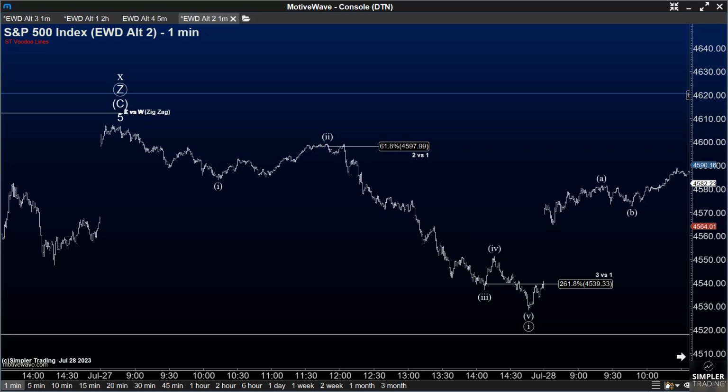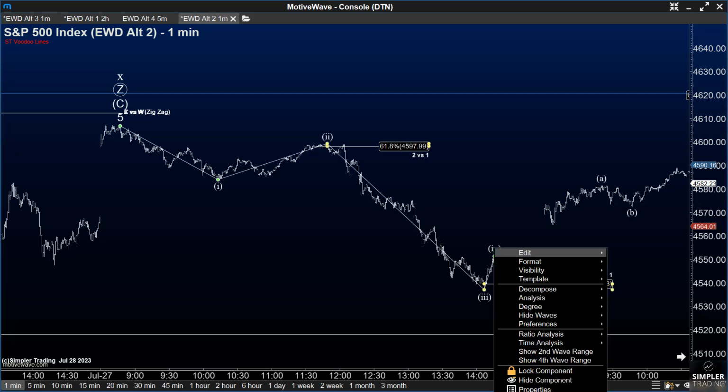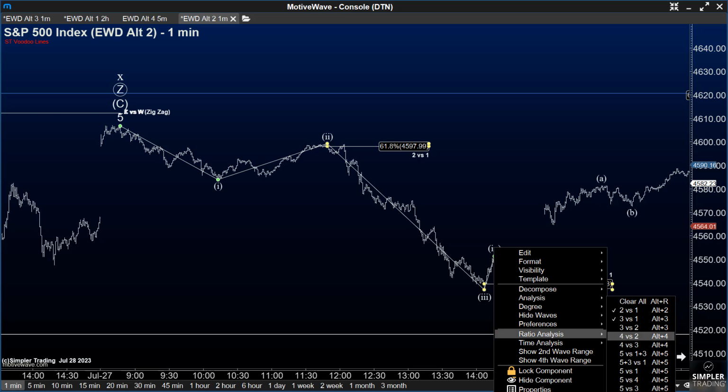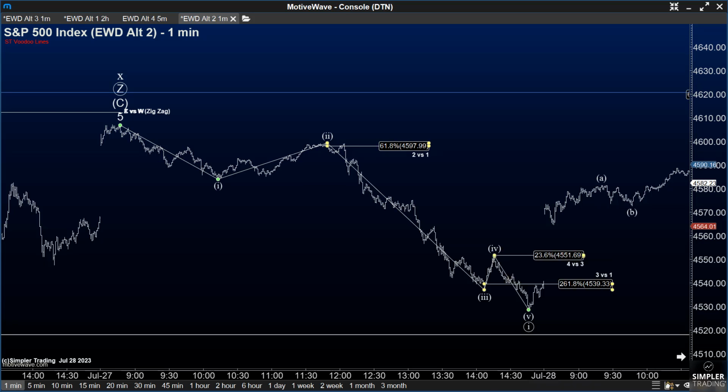And then we look for several proportions in a wave 4 when we view it relative to a wave 3. Sometimes we look for a 23.6, particularly when a wave 3 is quite long. We also look for a wave 4 relative to a wave 3 to be 38.2%.